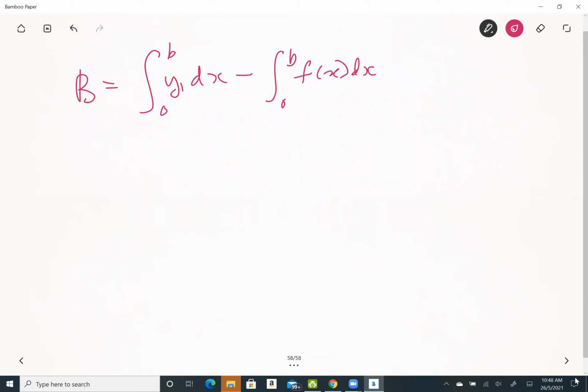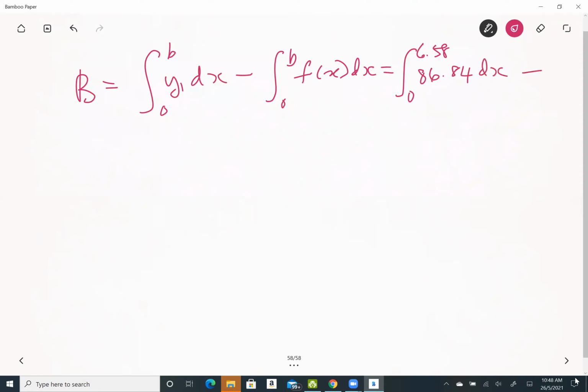And that is equal to the integral from 0 to 6.58 of y1, the horizontal line. What was it just now? 86 point what? 86.84 dx.